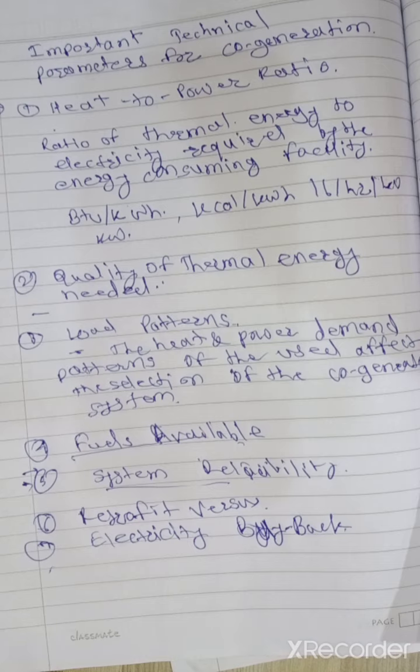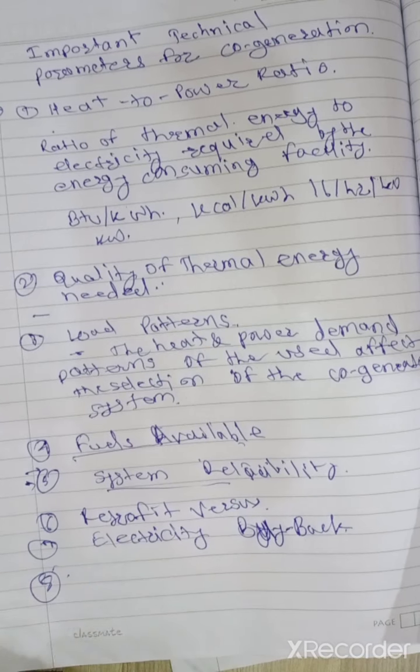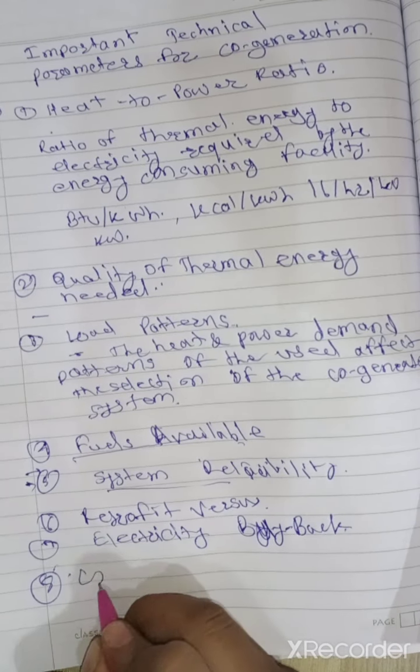The size and type of cogeneration system could be significantly different if one were allowed to export electricity to the grid. And the eighth parameter is local environmental regulation.